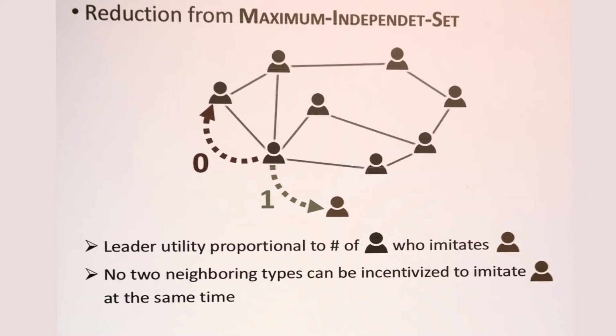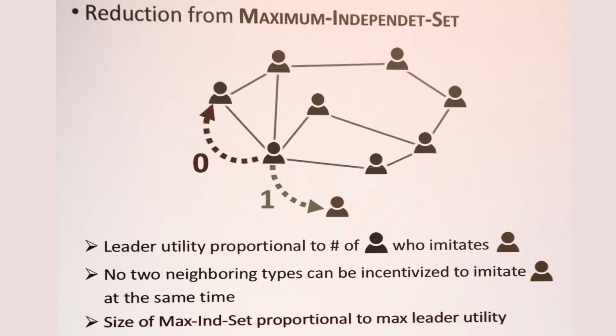We also set the payoff parameters in a way such that there is no way we can incentivize 2 neighboring follower types to imitate the special follower type at the same time. This establishes the correspondence between the size of the maximum independent set and the maximum leader utility achievable by any leader policy. And then the inapproximability of this maximum independent set problem would imply the inapproximability of our problem. So this is the idea.